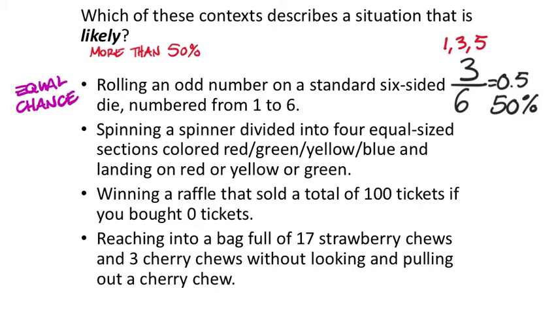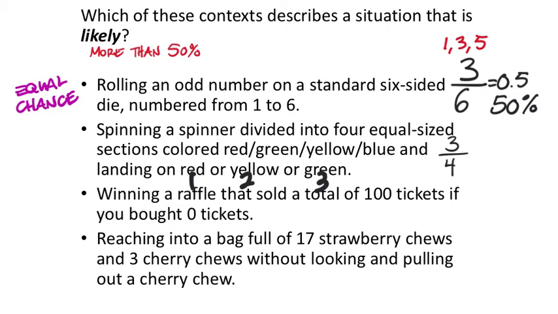So as a fraction, let's start with the fraction here. So there are 4 equal sized sections, so there's a total of 4 sections on this spinner. It did tell us the colors, but it also said that it wants us to spin. It could be red or yellow or green. That's, as far as I can tell, 1, 2, 3 different options of the 4. So it's asking what are your chances of spinning one of those 3 out of the 4.